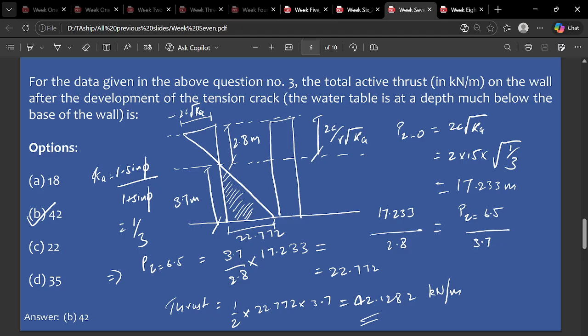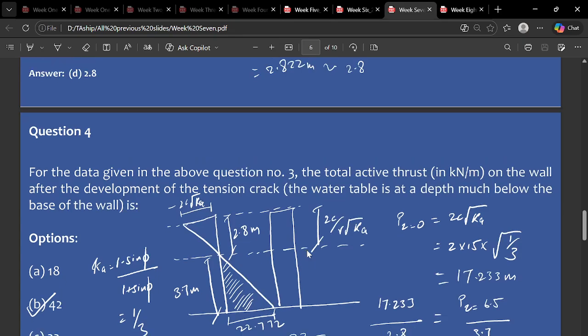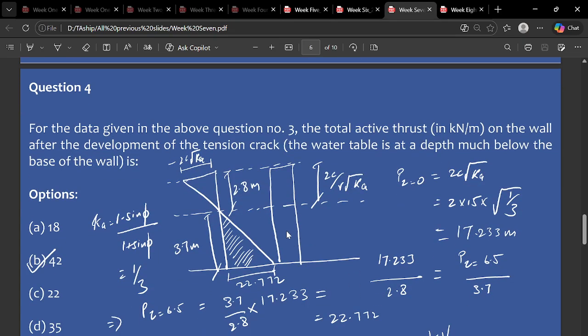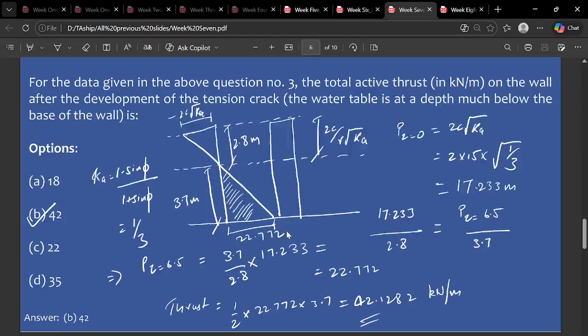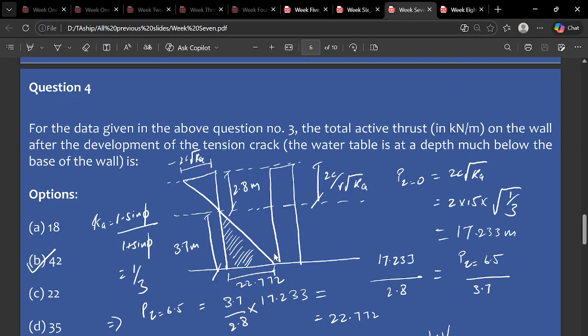This is your key calculation of the active earth pressure coefficient and how to take into account the development of the tension crack. So how much your tension crack has been developed.